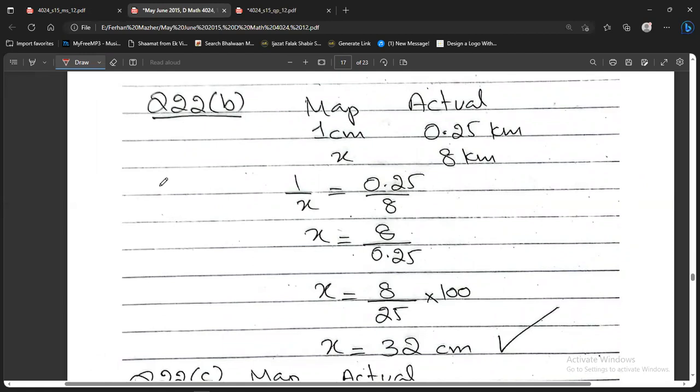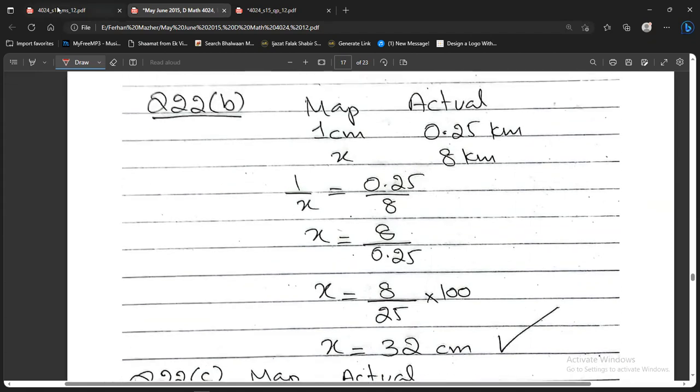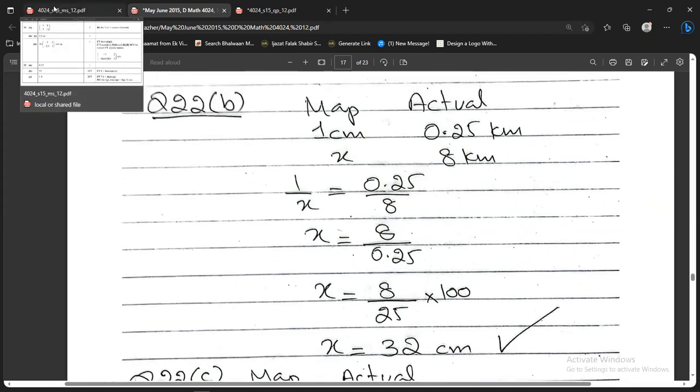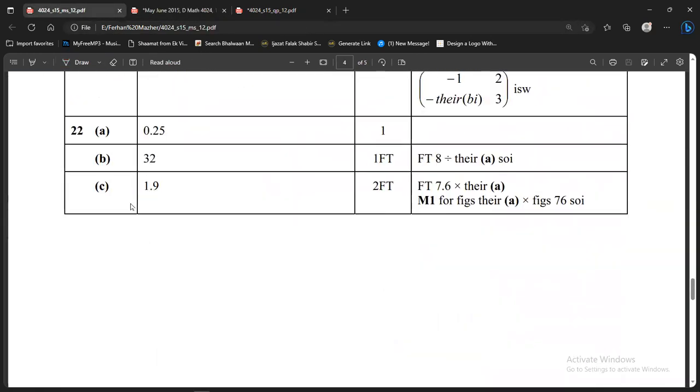So 1 by x is equal to 0.25 divided by 8, and x will be equal to 8 divided by 0.25. So it will be 8 multiplied by 100 divided by 25, and it will become 8 into 4, and that is 32 centimeters. So the distance on the map between them will be 32 centimeters. 32 centimeters is the right answer, sir.